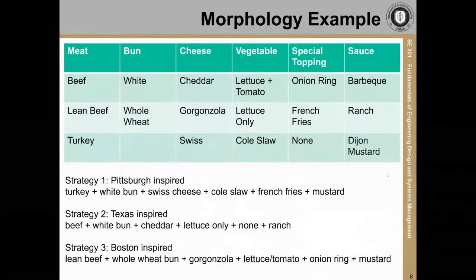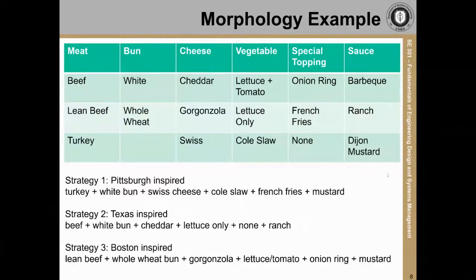So if I were to create a morphological box for a hamburger, you can see right here that I have 6 columns: meat, bun, cheese, vegetable, special topping, and sauce. Now, my first strategy I want to go with is I want to go Pittsburgh inspired. My wife's from Pittsburgh, so I let her pick out what she thought would be most representative of the Pittsburgh culture.